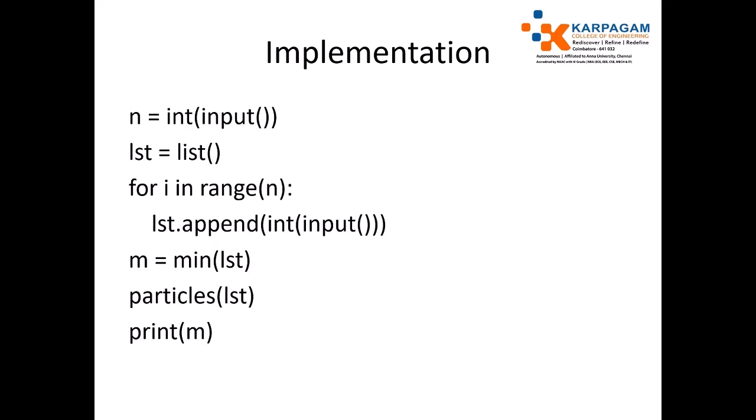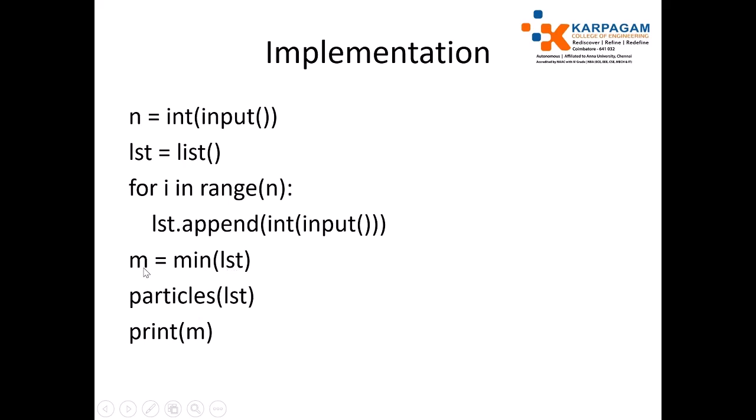Now after implementing the particles function, I get input from the user, the size of the array, and get n list elements by using a for loop and append them into the list. Next find the minimum element in the list and store it into m.